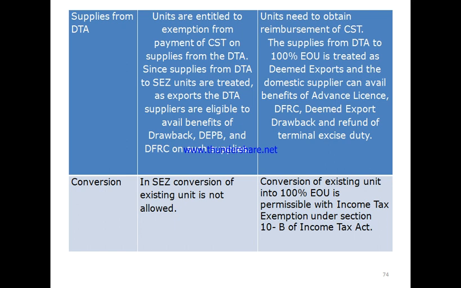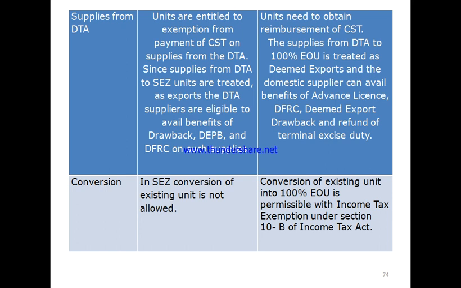I hope you understand the basic difference between SEZ and EOU. It means in case of EOU schemes, we are free to set up any unit, but they have certain procedural complications. But in case of SEZ, we get all the benefits.